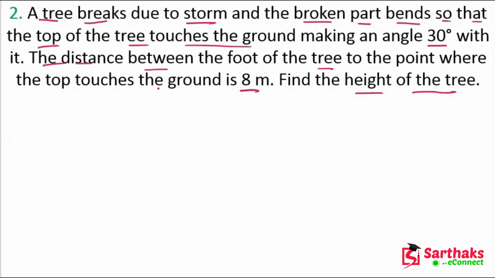So let's find that. Let's suppose we have a tree like this. This is the tree and this is the ground. Due to the storm, this tree breaks from here like this, and the top of the tree touches the ground here.